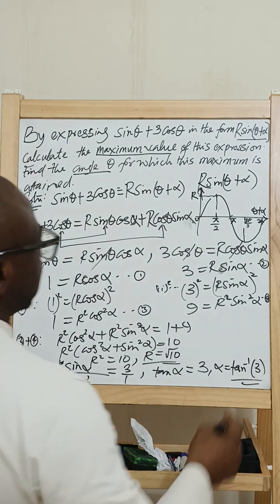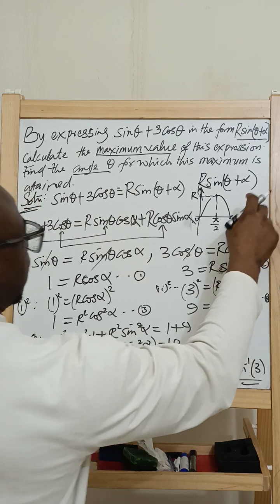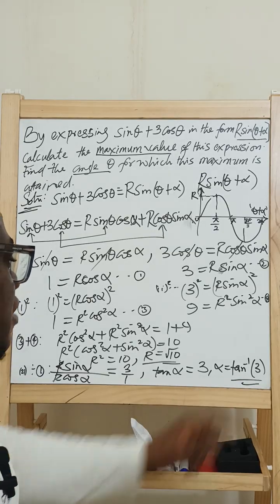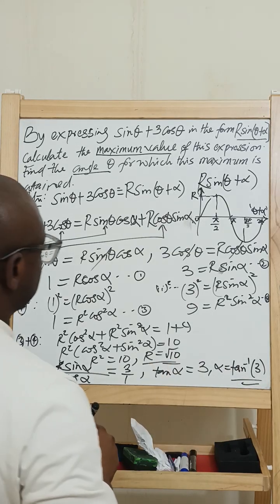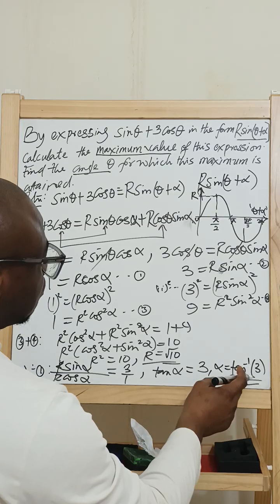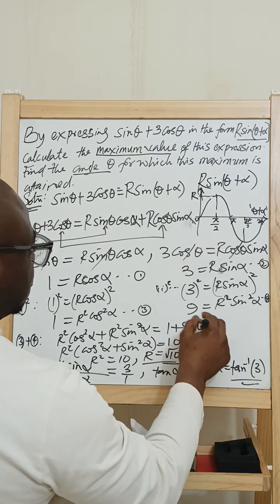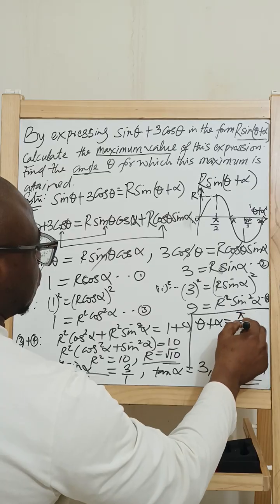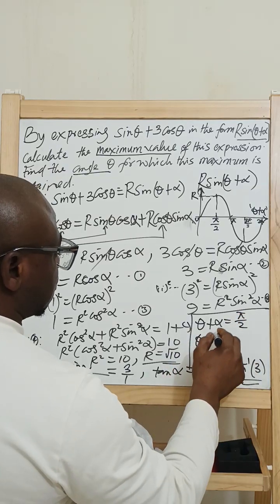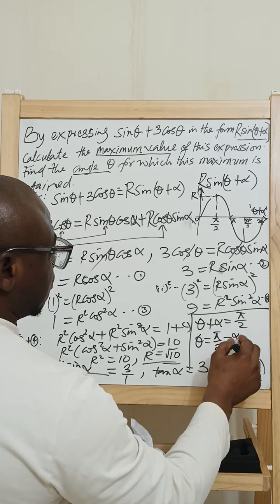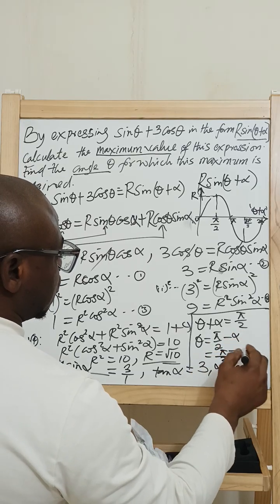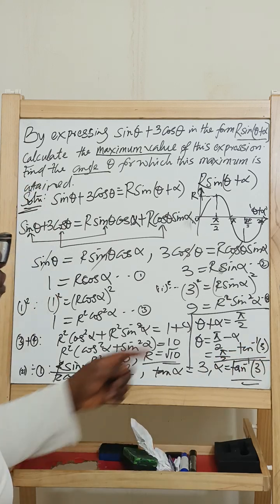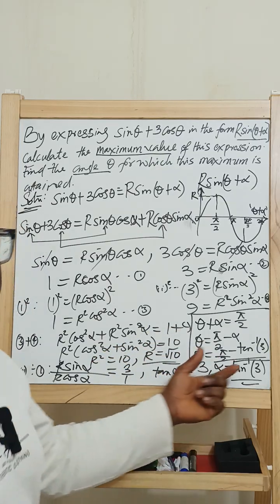So theta plus alpha is pi over 2, which means theta is pi over 2 minus alpha, which is pi over 2 minus inverse tan of 3. This is the value of theta we are asked to find.